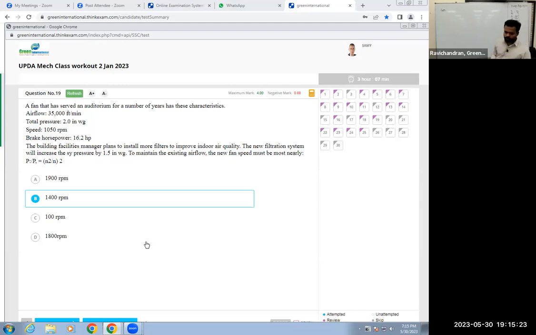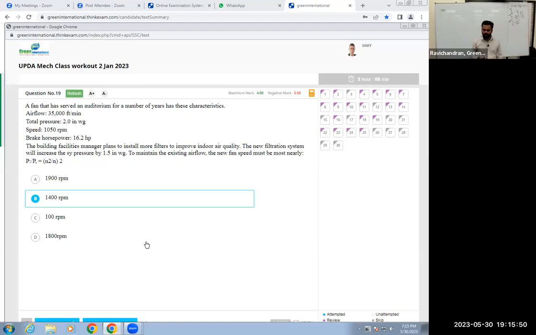So for solving the pump problems, you have to know all these equations. This is flow, this is head, and this is power. If it is given pressure, P1 by P2 is equal to N1 by N2 square. This is for pressure. Don't confuse the pressure with power.